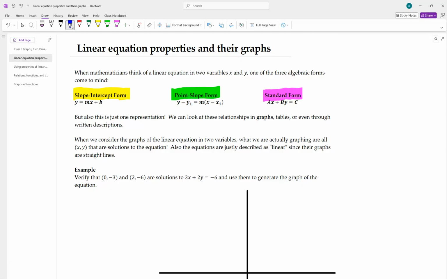And so when we see these forms, that's the algebraic form, and we can move between different representations quite easily. So we can take these algebraic representations and put them in what we call graphs or tables, or even do written descriptions.